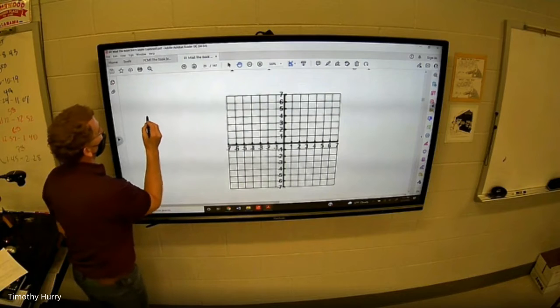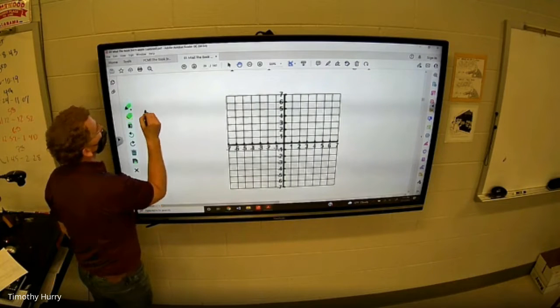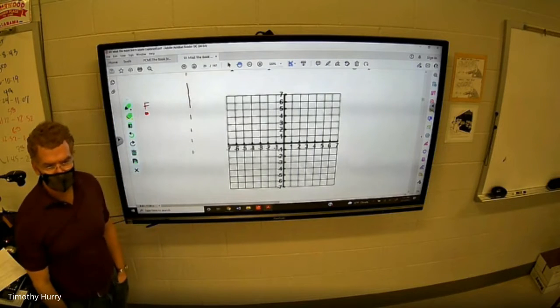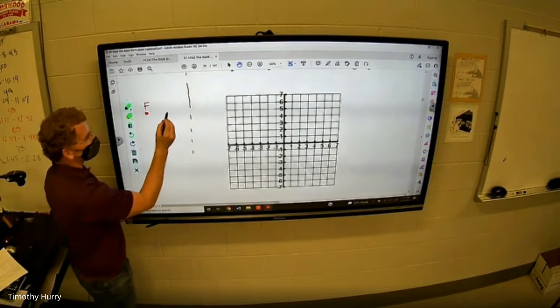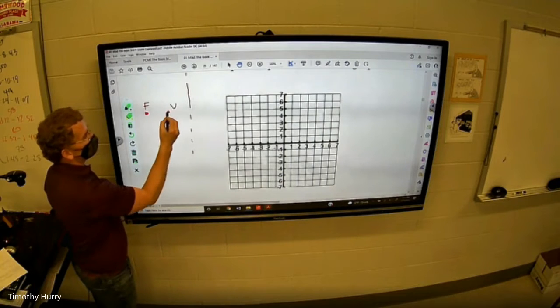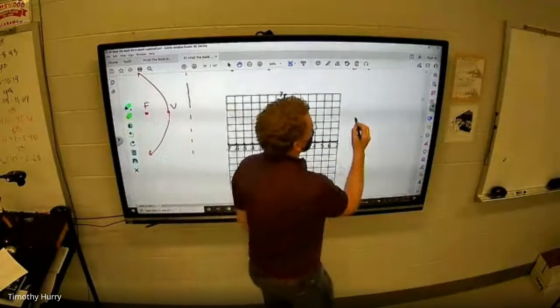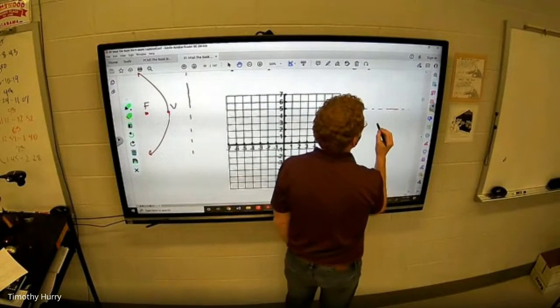Now, real quickly, which direction will the graph go if I told you that this was the focus? If I told you that was the focus and that was the directrix, which way are you going? Does everybody see that the vertex is in the middle and I would be going that way? All right. What if I told you that's the directrix and that's the vertex?